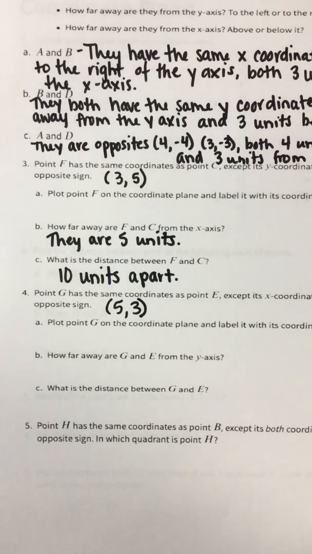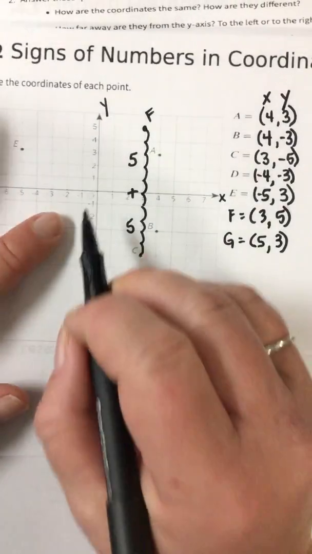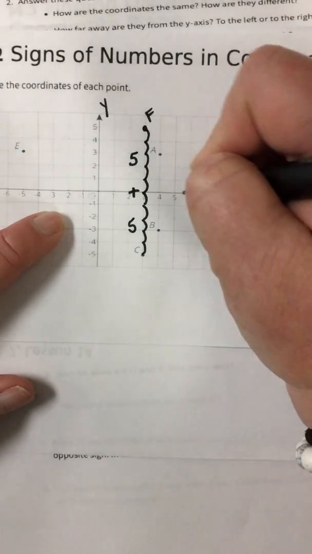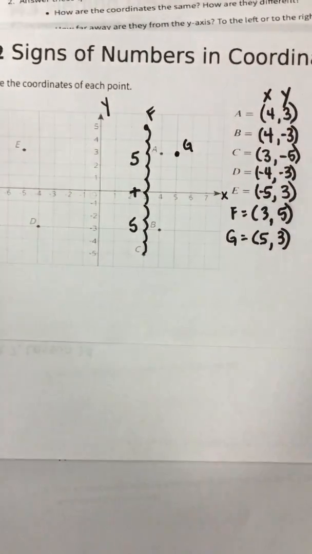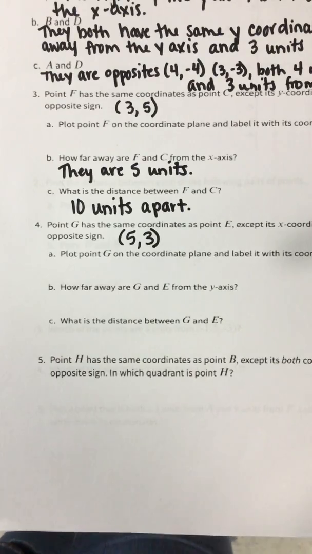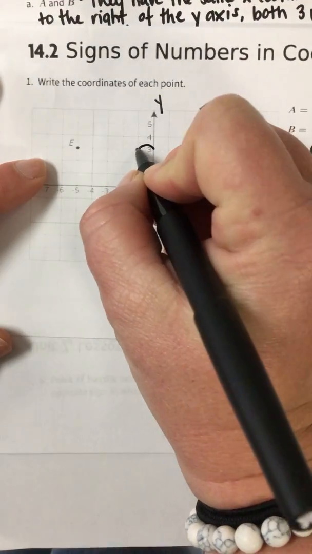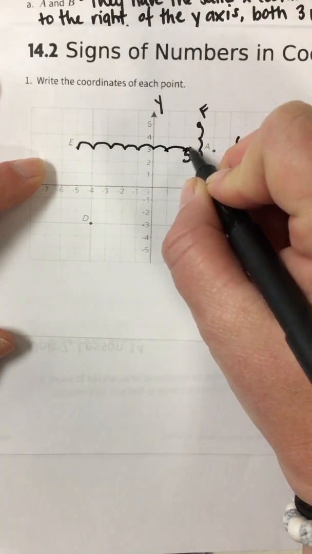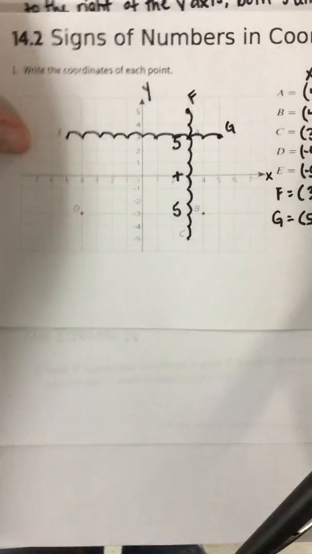And then it says plot the point G on the coordinate plane and label it. So we're going to go 5 to the right and 3 up. And that is G. All right, it says how far away are G and E from the y-axis? If we count 1, 2, 3, 4, 5, they are both 5 units.